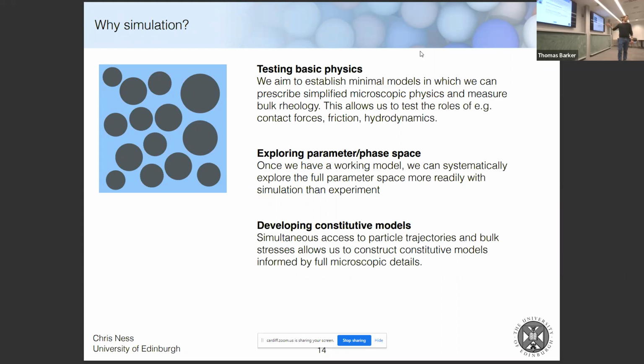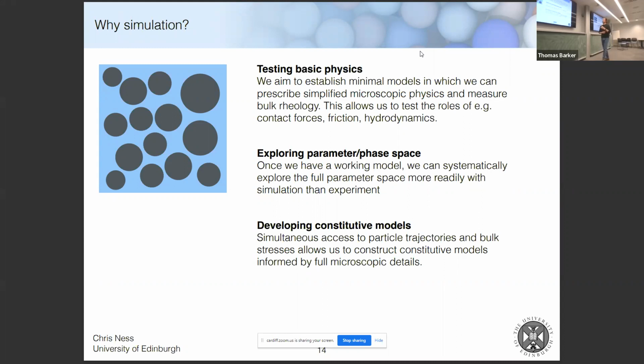We also turn off gravity, so I said that we can assume that the density of the particles is the same as the density of the liquid. Obviously, in the experimental case, that's not really true, and particles will sediment. But in the simulation, if we don't want gravity, we just switch it off, and then it's not there. So we can take the complexity down to a minimum, try to understand something, and then systematically add complexity back in to understand the role of different physics.